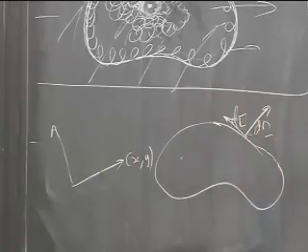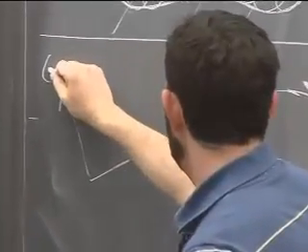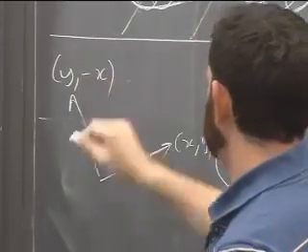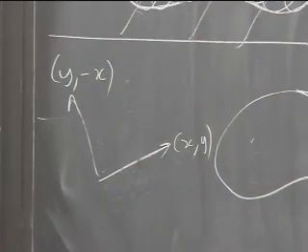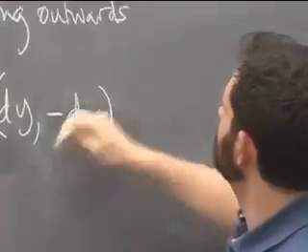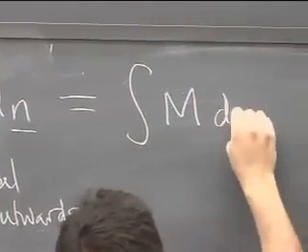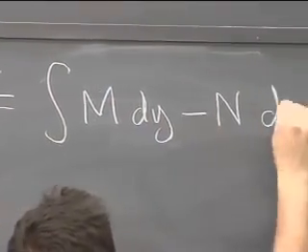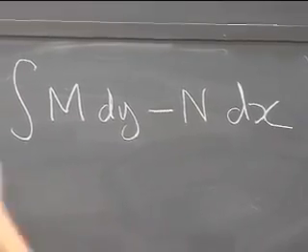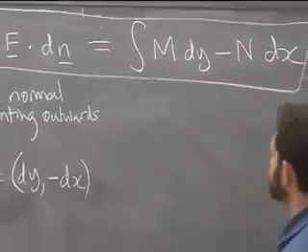So this ought to be normal to it. So this is the point y comma minus x. That turns out to be the normal. And so for computational purposes, you have m dy minus n dx. And that's the formula that I had great trouble writing last time. And because I don't trust myself, I'm just going to make sure that I'm right. Okay. No problem.